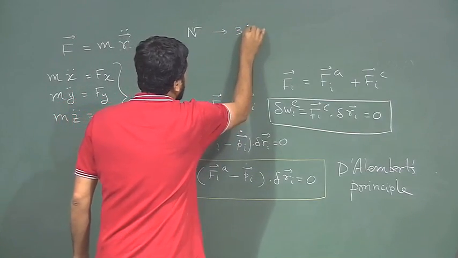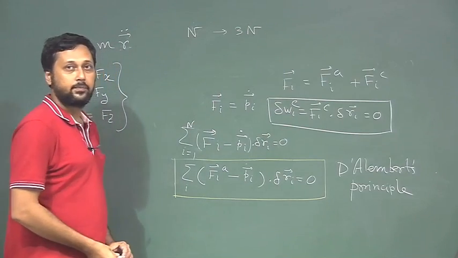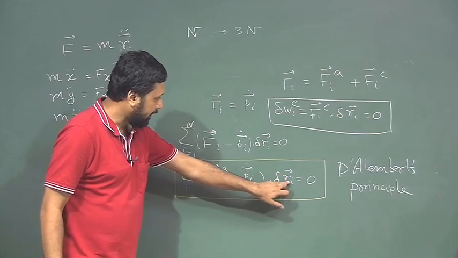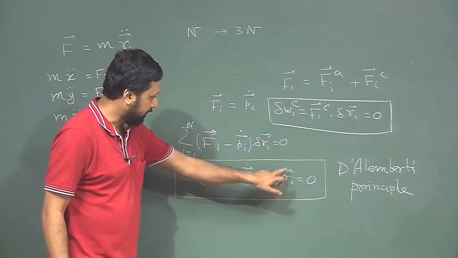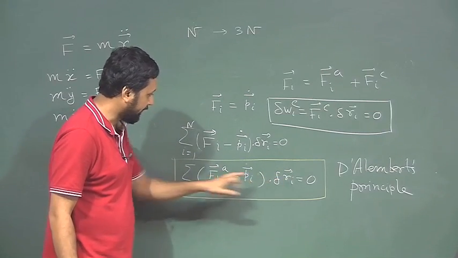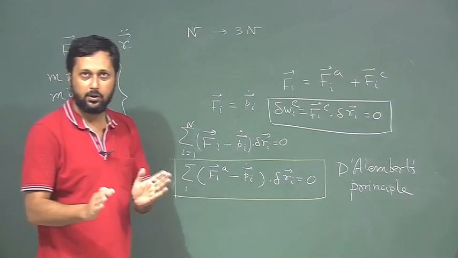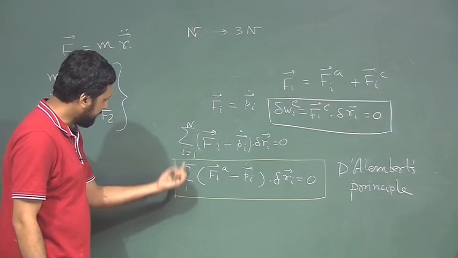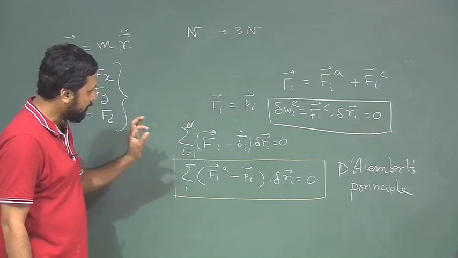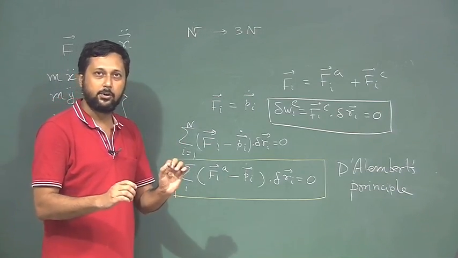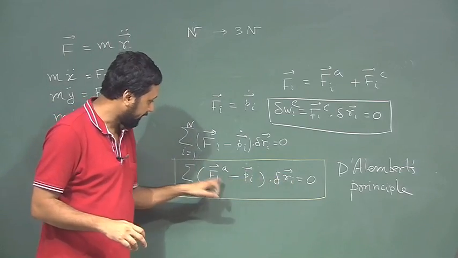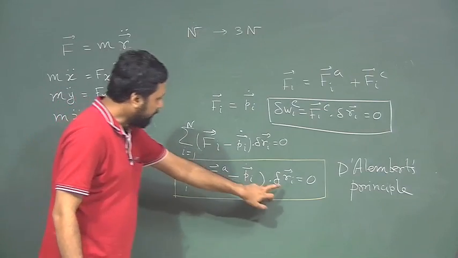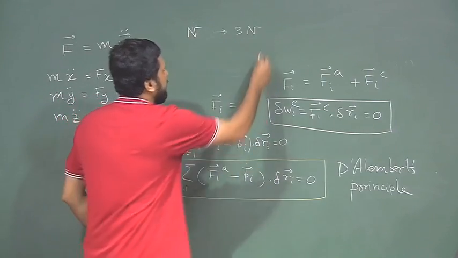We need 3n numbers, right. And please remember that when we write r i, it is vector notation. So, each of these vectors can be broken into 3 components. If the summation runs from 1 to n, we have altogether 3n such components, because for each vector we have 3 scalar components.